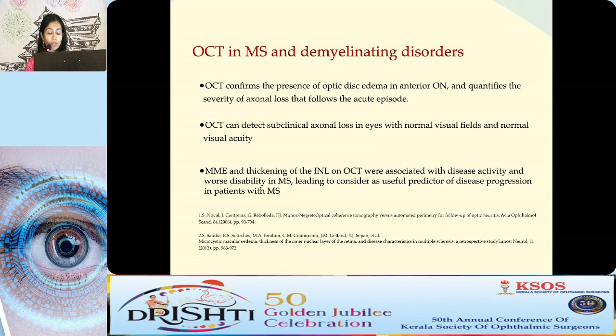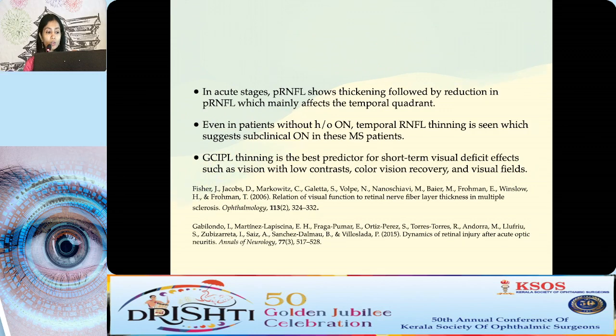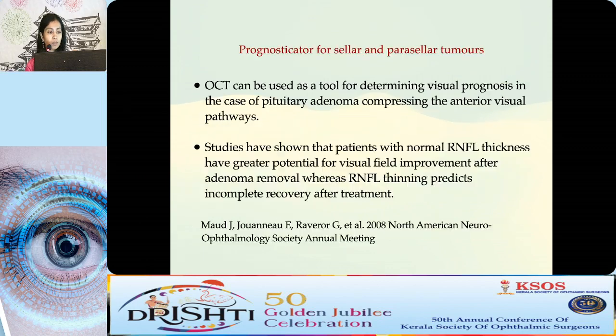And also it's been found in studies that macular edema and thickening of the inner nuclear layer on OCT were associated with disease activity and worse disability in multiple sclerosis. And also the ganglion cell loss is a predictor of visual function, like color vision or contrast, which usually happens later in the course of the disease.